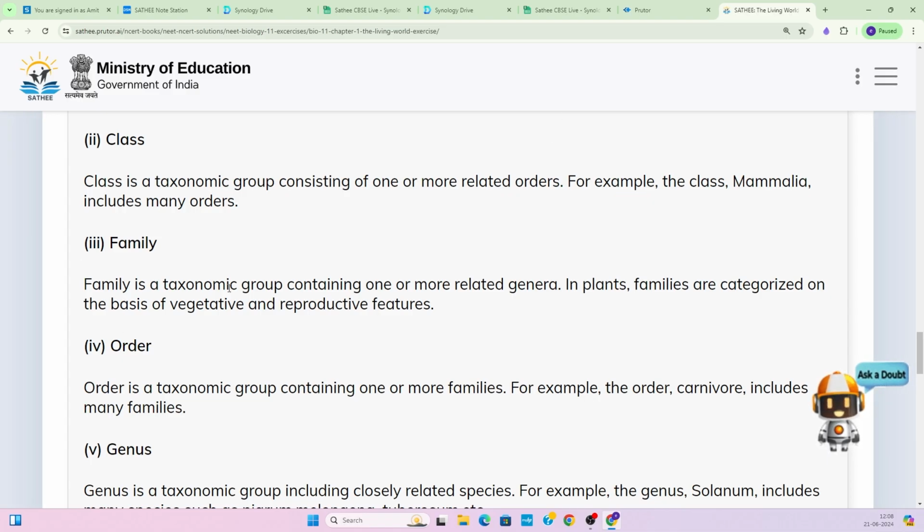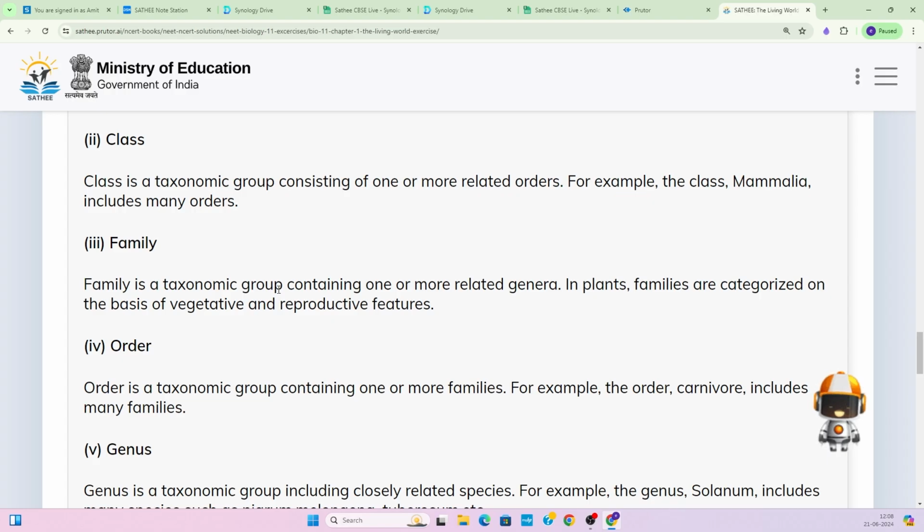Next comes the family. Family is a taxonomic group containing one or more related genera. So a family has many genera in it. If you take the family Solanaceae, you have Solanum nigrum, Solanum tuberosum, Petunia plant, Datura plant, and all of them belong to the same family.